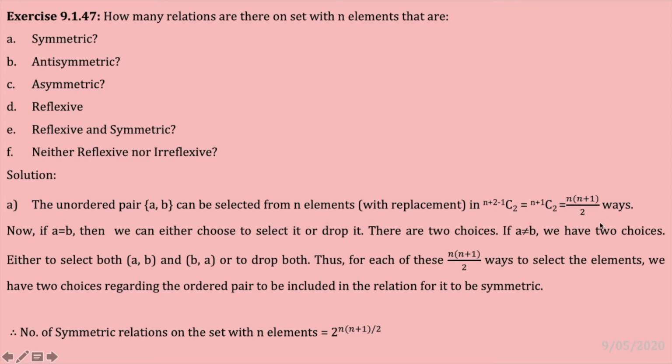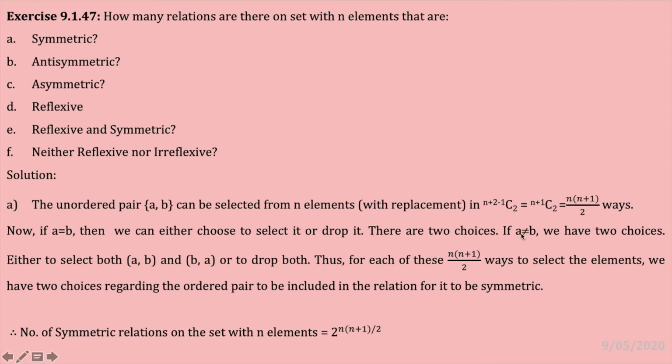Now for each of these unordered pairs selected, we have two options. Let's say when A is equal to B, that means the ordered pair is of nature AA, then we have two choices for including it in the relation. Either we can include that in the relation, or we can drop that pair out of the relation, because the relation we want is to be symmetric.